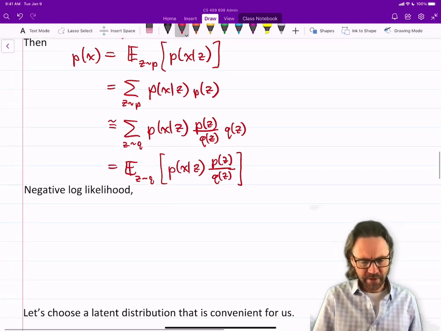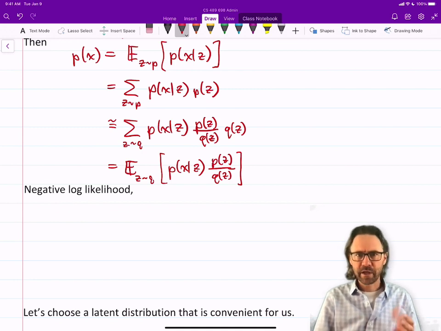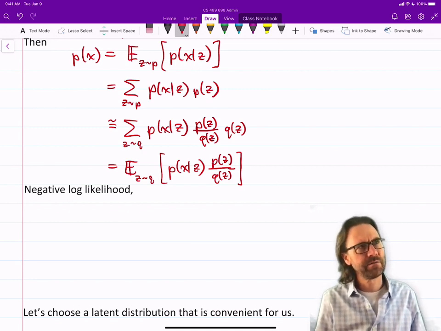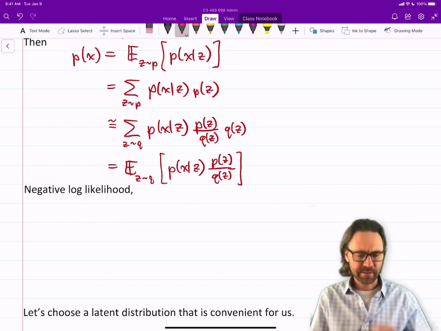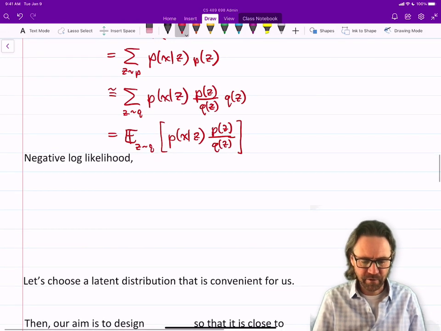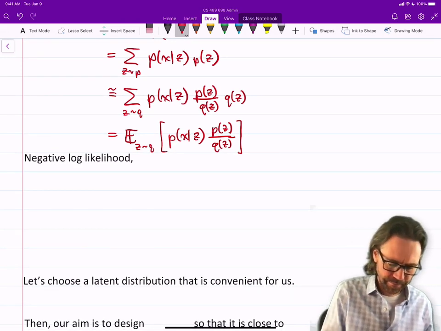Okay, now the negative log likelihood of that is what we'll be looking to maximize, right? Maximize or minimize? Maximize. We want to maximize P of X. And so over our data set, or over our samples, we want to maximize the log likelihood.